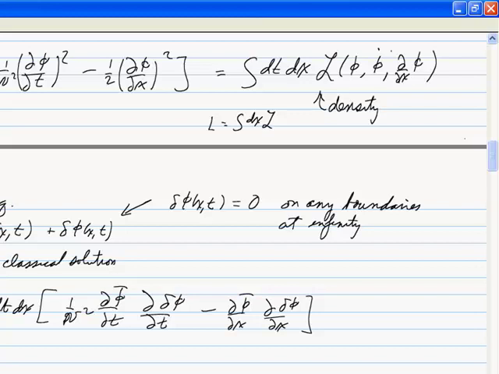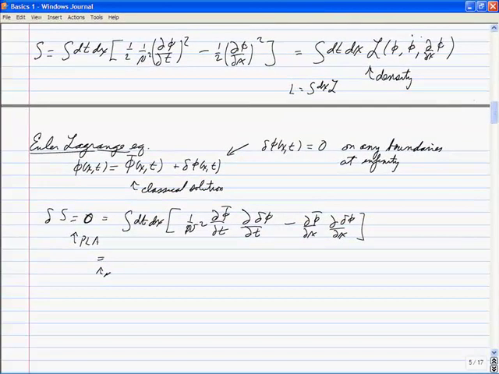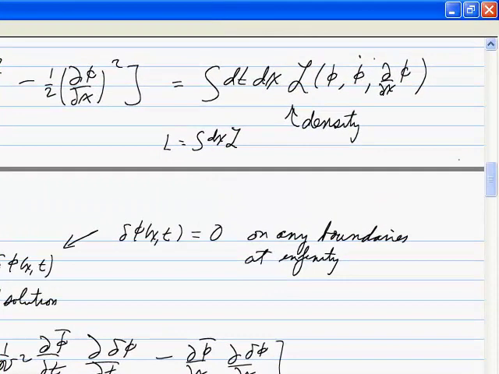Everybody see that there? I don't know if I'm going too fast, too slow. So that's the first variation of this, which is going to have to be equal to 0. The standard trick at this stage is you integrate by parts. Integrating by parts takes this time derivative and flips it over onto the other quantity.